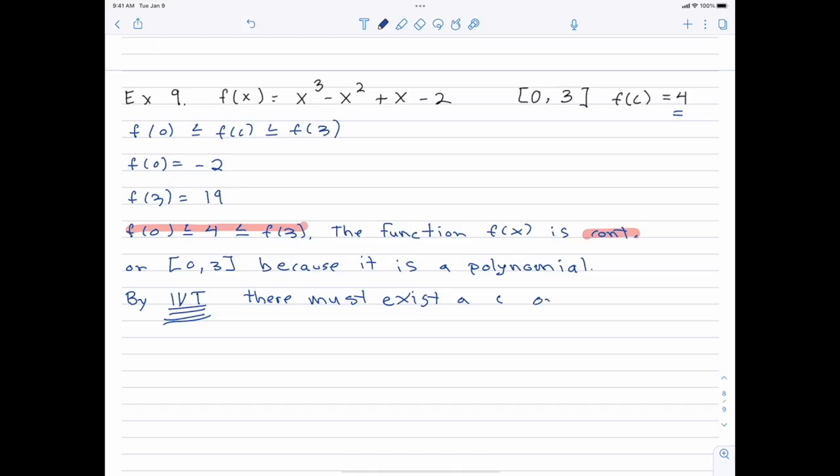Oh, on the interval from 0 to 3. Such that f of c equals, in this case, right, 4. That's it. That's the intermediate value theorem, okay? Practice these. Practice. Ask questions when I come back on Tuesday.